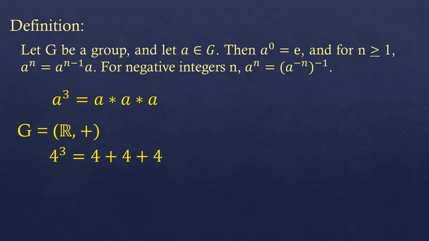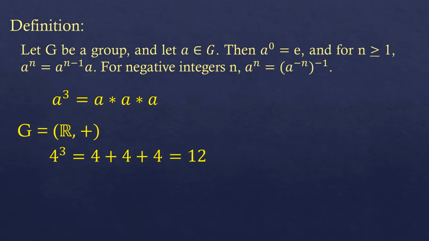So you might think that 4 cubed is 4 times 4 times 4, but it's actually not in abstract algebra or in a group, because it depends on the operation that is going to be used with the star. So here the star is plus, and so our operation that will be followed will be plus. So if it's 4 to the power of 3, then it's 4 plus 4 plus 4. So it's the same as 4 times 3.